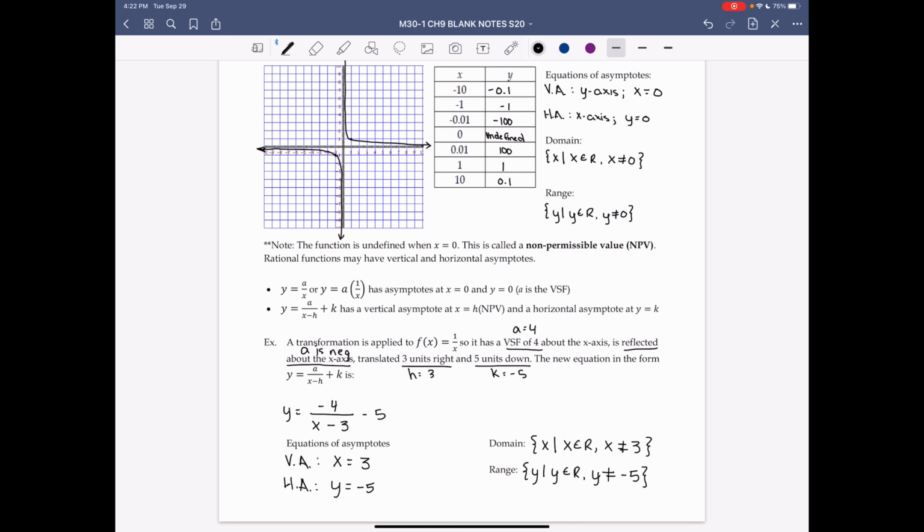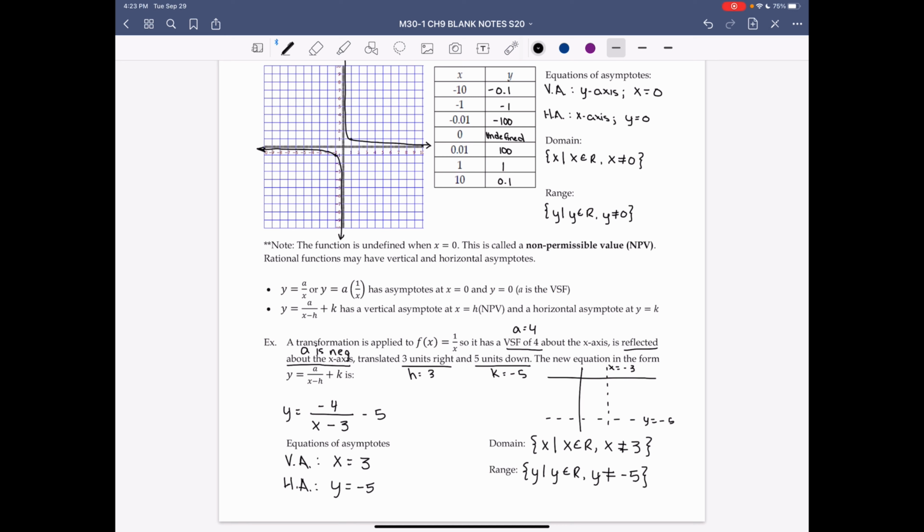If we were to do a quick sketch of this, our vertical asymptote is at x equals 3. Let's say that's here. And our horizontal asymptote is at y equals negative 5. It's reflected in the x-axis because our a value is negative.